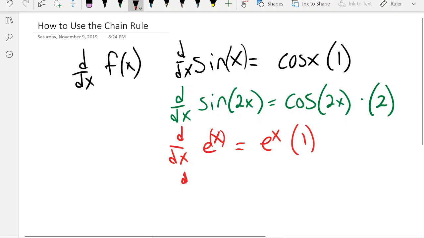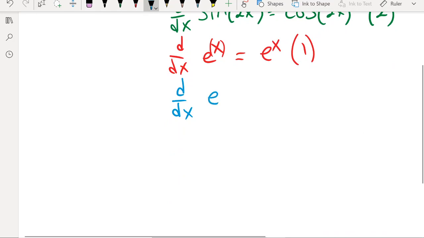Okay. Now, let's use a different color. Let's say I want to take the derivative of e to the 2x power. They normally don't have parentheses around it, but I'm going to put parentheses so you can see the chain rule in action here. So the derivative of e to the 2x, well, it's not going to be e to the x, it's going to be e to the 2x. The fact that you're going to take the derivative of the inside function eventually doesn't mean you do it right away.